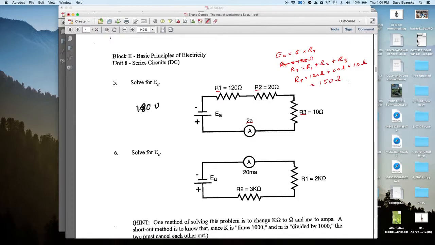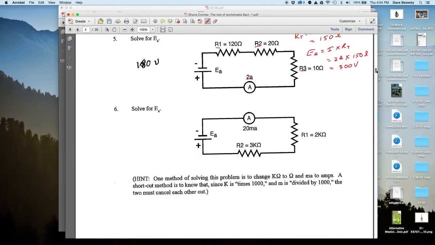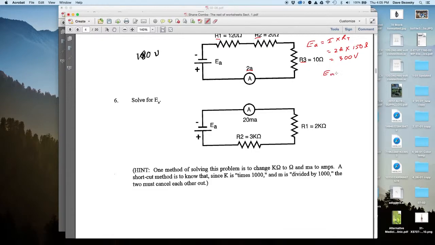So now to figure out what E applied is, we'll just use Ohm's law. EA is equal to I times RT. Current 2 amps times total resistance 150 ohms. So that's 300 volts. EA equals 300 volts.